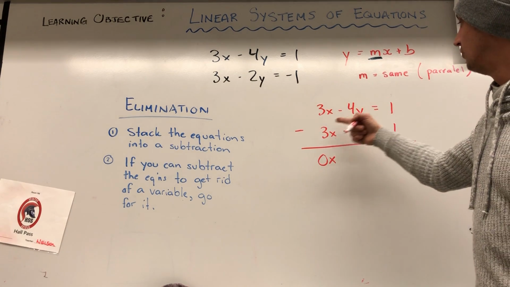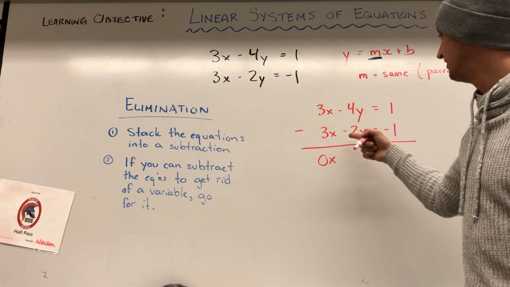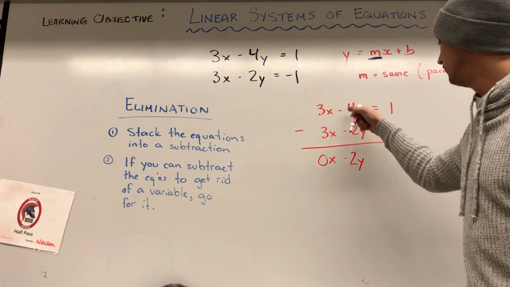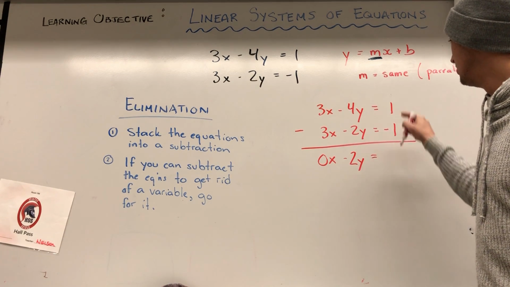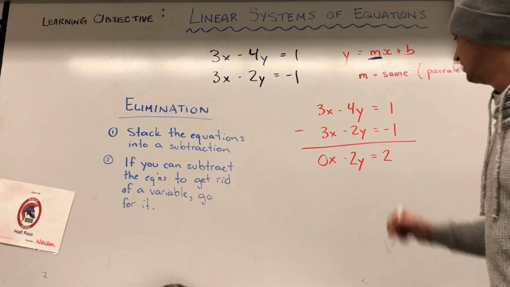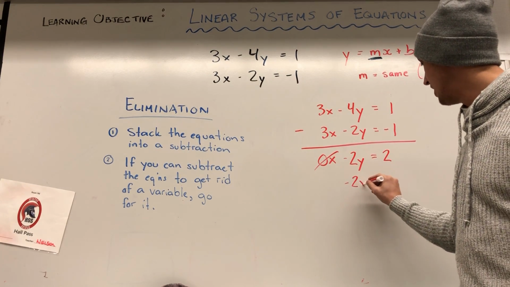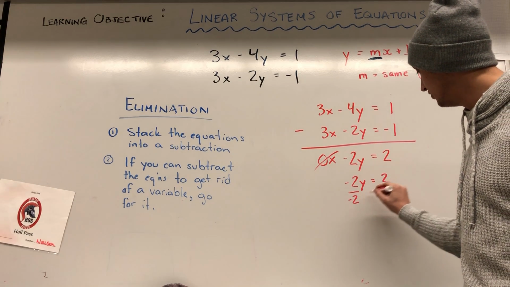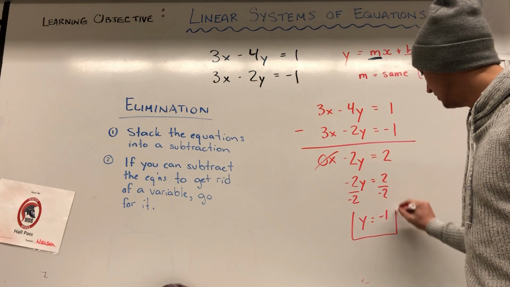Now I can do negative 4y minus negative 2y, which is the same as negative 4y plus 2y is negative 2y. 1 minus negative 1 is the same as 1 plus 1 is 2. Now I have negative 2y is equal to 2, and if I solve for y by dividing by negative 2, I get y is equal to negative 1.